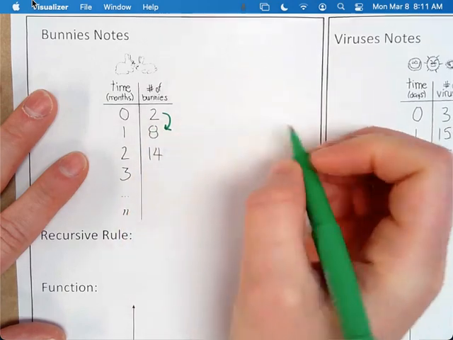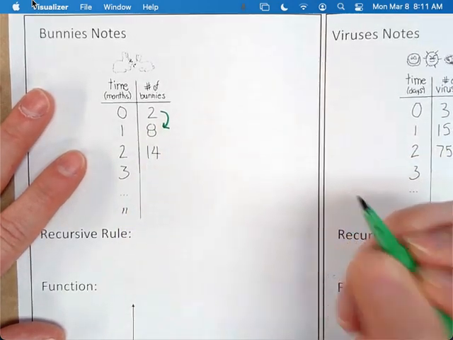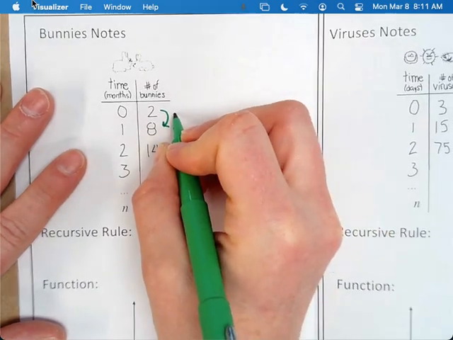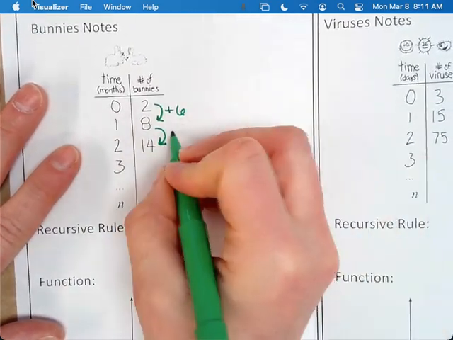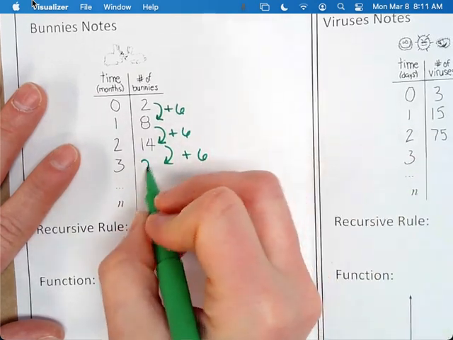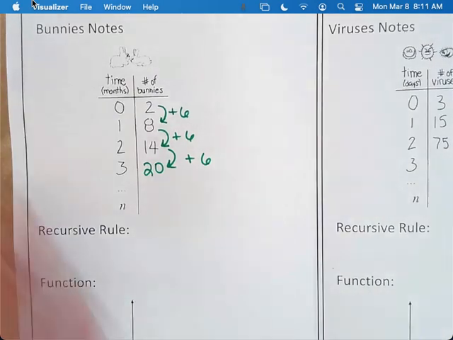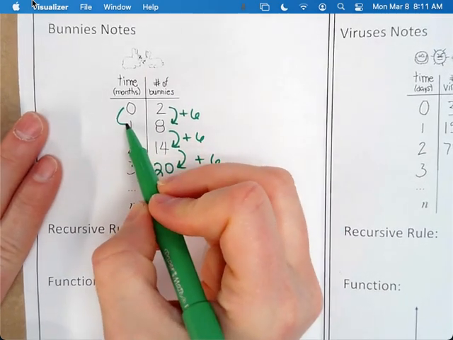So what is the increase here? 6, but what operation? Addition, yeah. Okay, and what about this one? That's 6. So then the next one? 20. So that'll be 20, okay. And then it's just going up by ones, right?